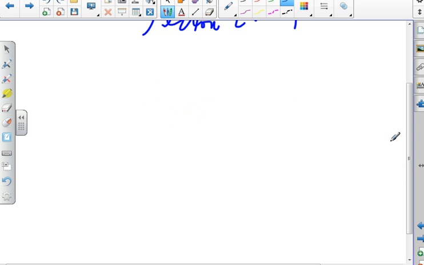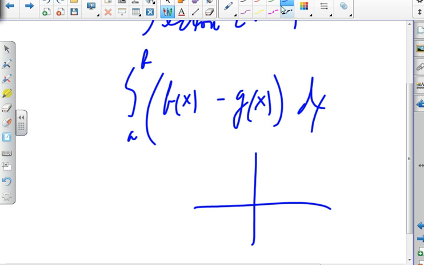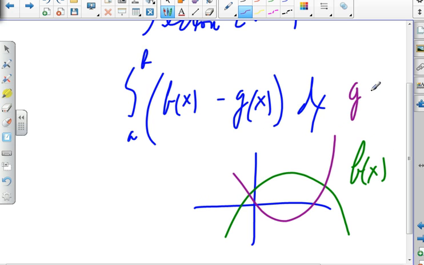All I have to do is go integral a to b of f of x minus g of x dx, and figure out which is f of x and which is g of x.